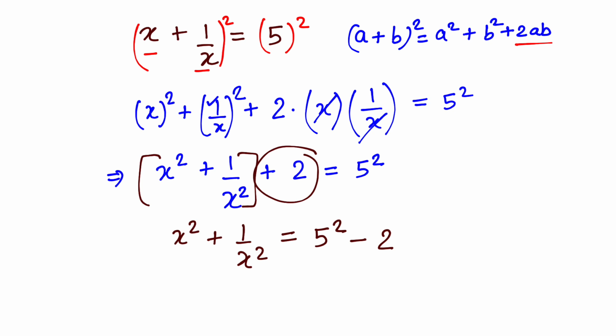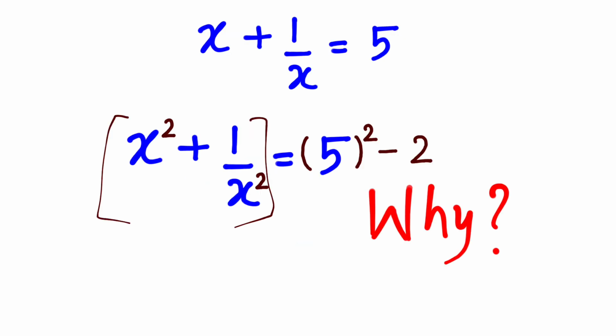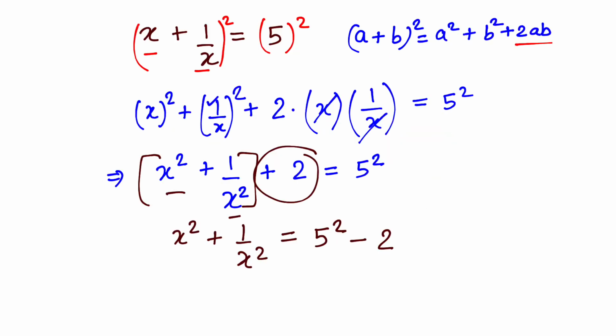So whenever you are given x plus 1 by x with a value, and you have to find x square plus 1 by x square, the formula is: whatever value is given, you square it and you subtract 2 from it. That's it. Now here it becomes 5 square is 25, minus 2 is equal to 23.